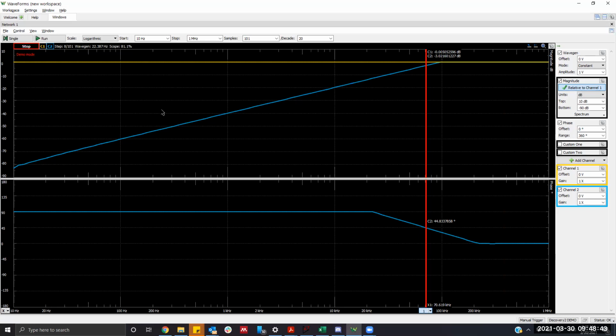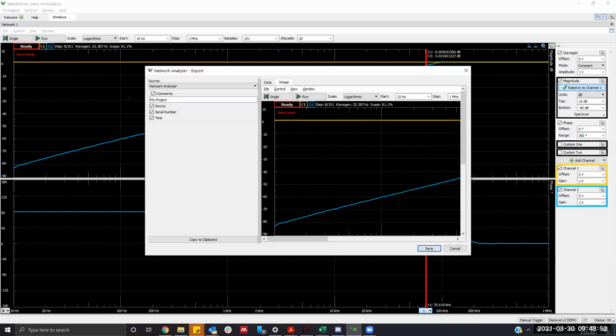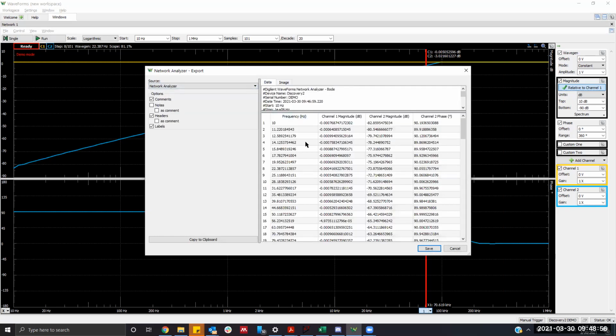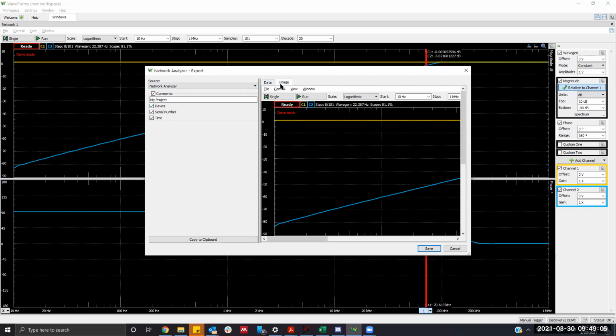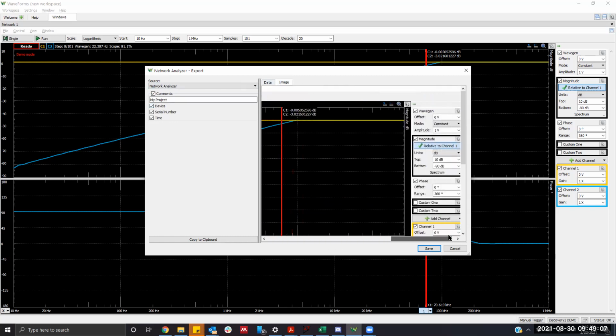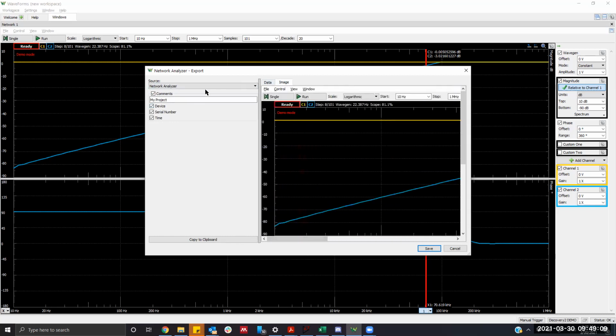Oh, if you wanted to actually get the data points and not just the plots, then you can go here, File, and then Export. You can either export the image or you can export the data, and then you'll have this data for any post-processing that you might want to do. If you want the image, you can export it like this instead of taking a screenshot.